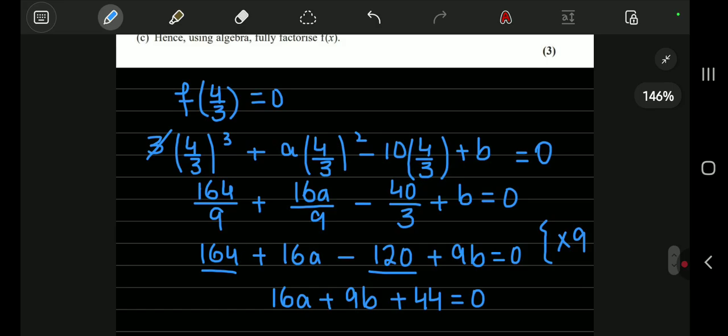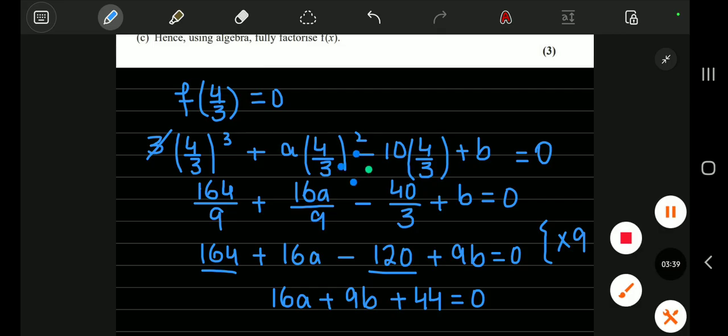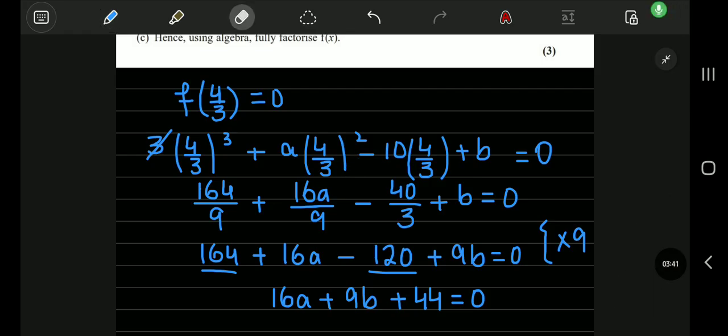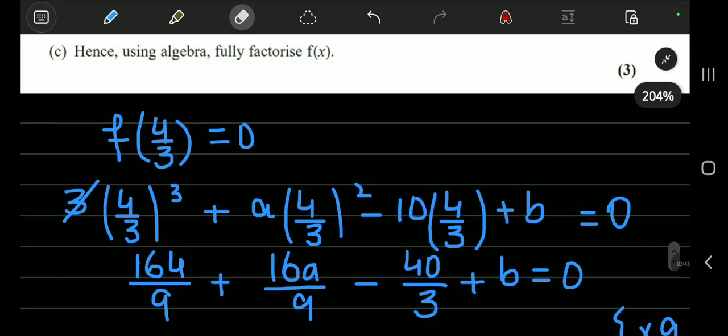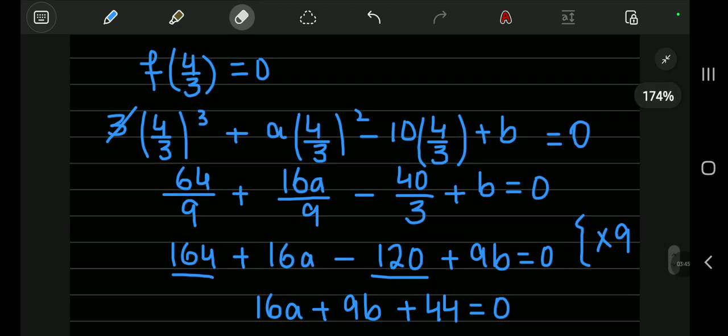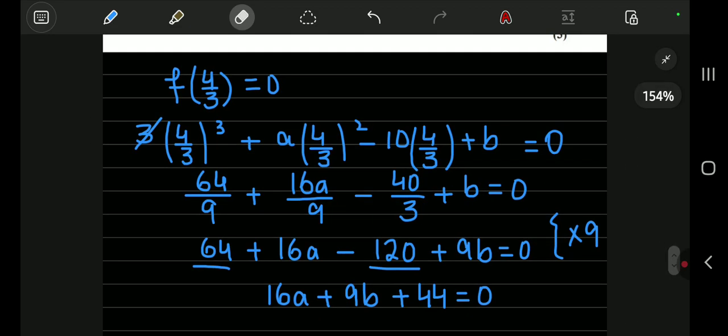Okay, one second. What's the mistake in this? Sorry, 4 cube is 64. Why did I write 164? Small mistakes we need to keep into consideration.